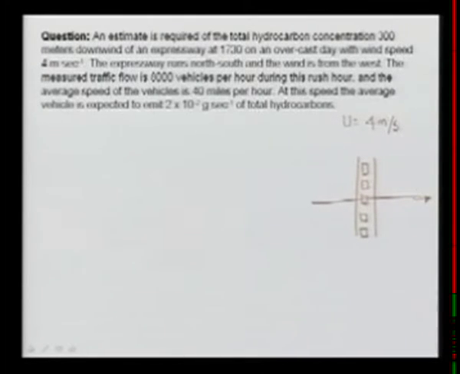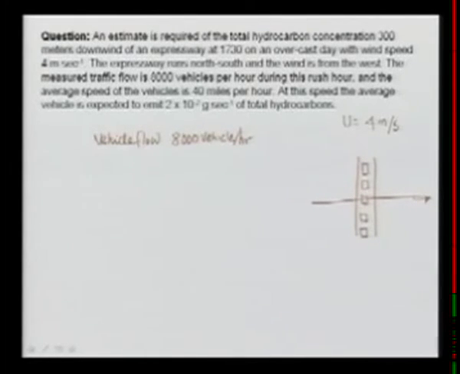The major traffic flow is 8,000 vehicles per hour. The average speed of the vehicle is 40 miles per hour. We will change this 40 miles into meters; wait for a moment.